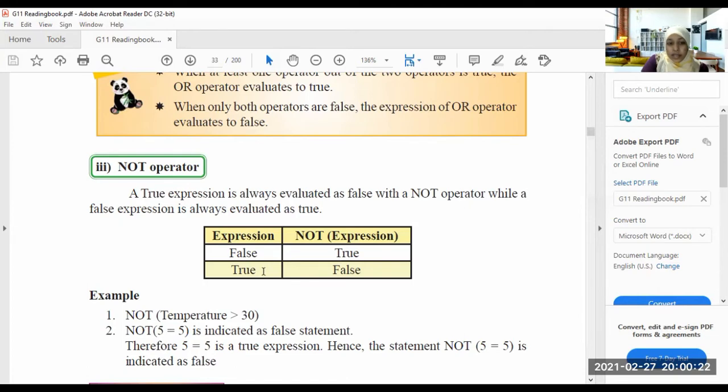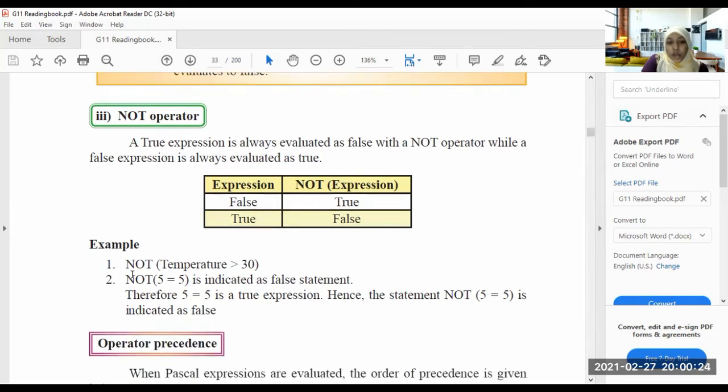So for an example, not temperature greater than 30. They say not false, right? Not 5 equal to 5 is indicated as a false statement.